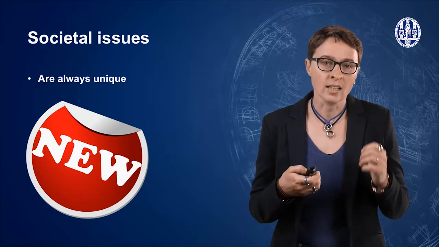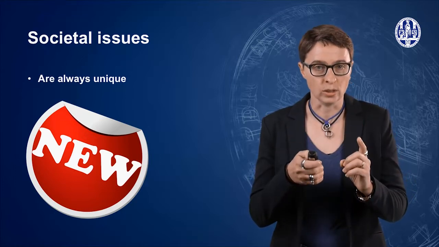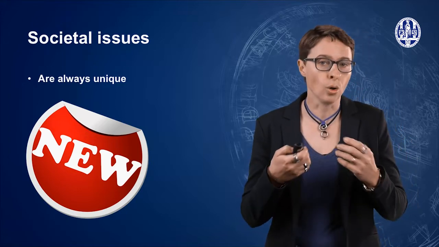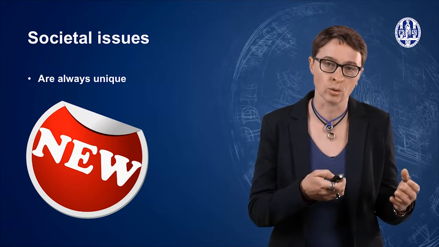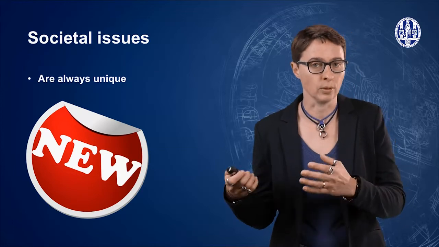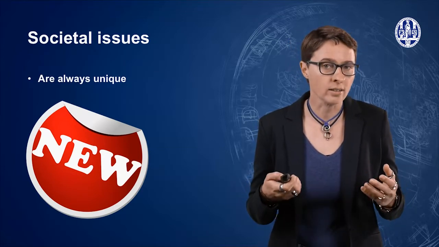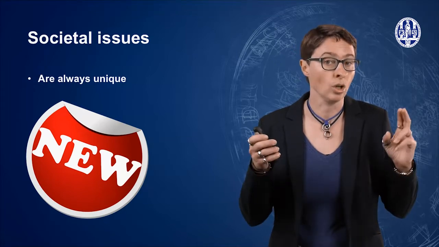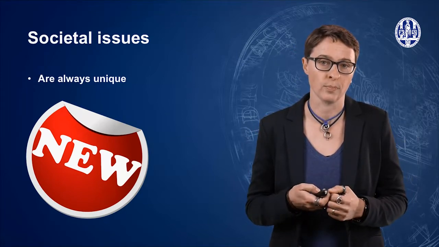Moreover, societal issues are always unique. In contrast to chess problems, societal issues always arise in a specific historical, socio-economic and political context. There are therefore no easy solutions or quick fixes that can be used across the board for such problems.